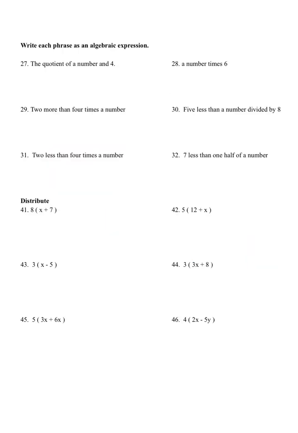Looking at page 3 of our study guide, starting with 27, it says write each phrase as an algebraic expression for the directions. 27 says the quotient of a number and 4. Quotient is a word meaning divide, so we will divide a number and 4.